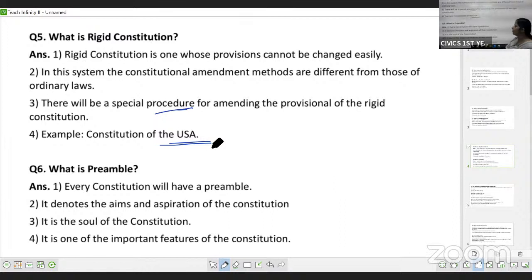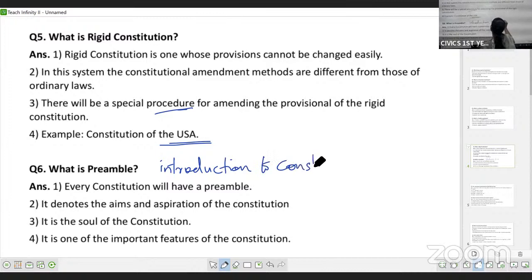Okay, and what is the preamble? See, the preamble is the introduction to the constitution. In simple words, you can say the preamble is an introduction to the constitution. It is like, you know, when you open a book, you will see the preface.